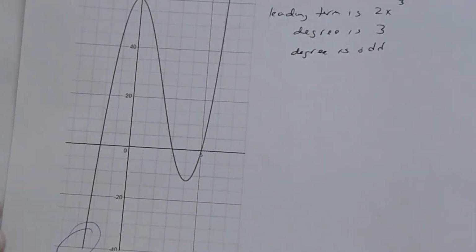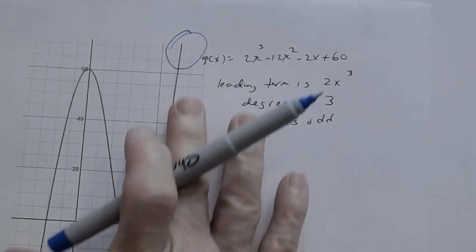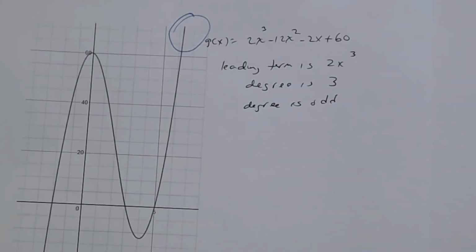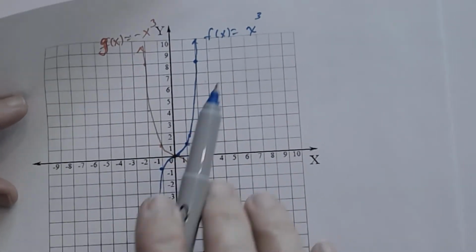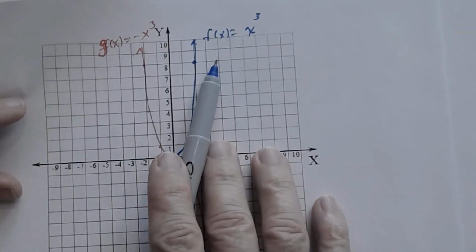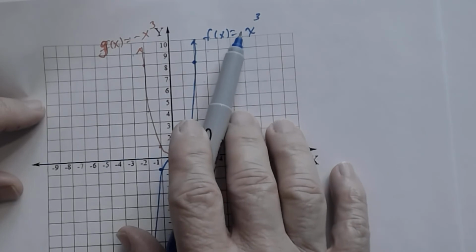So I know that on one side it's pointing down, on the other side it's pointing up. I also know that x cubed, this blue graph right here, on the left side it's down, on the right side it's up. The coefficient is positive 1.